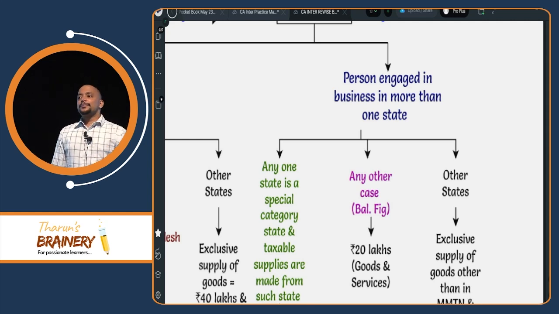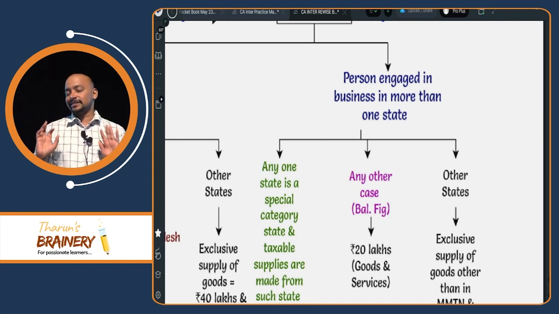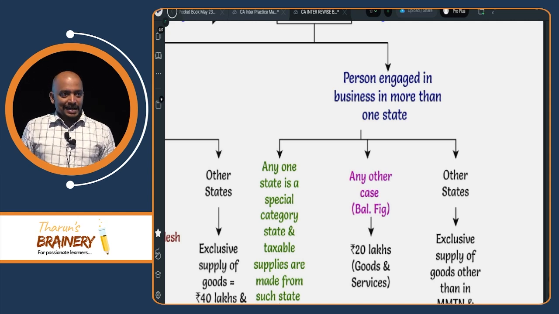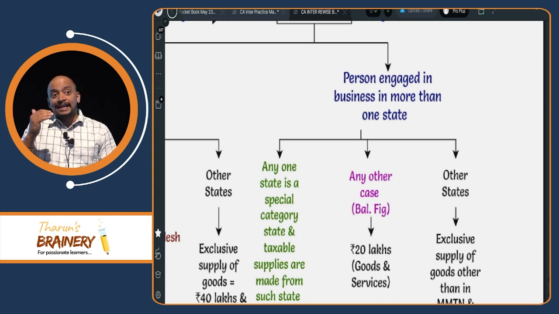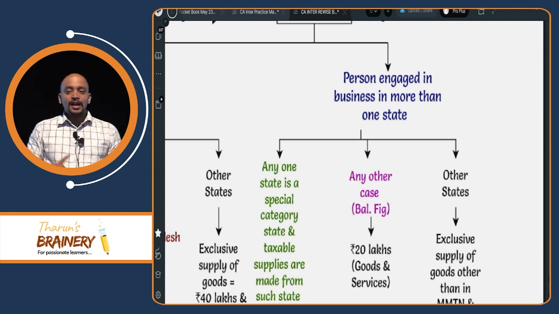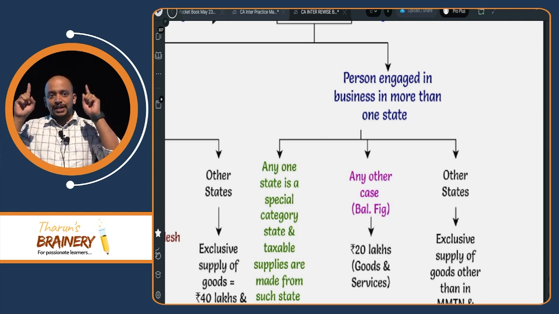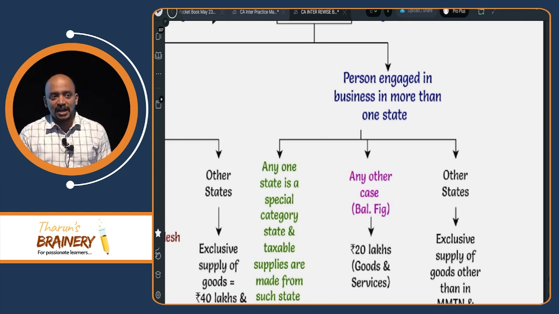Then, if you are doing business in multiple states, this is only a little difficult, okay, concentrate. If you are doing business in multiple states, one of the states is a special category state, that is MMTN, and taxable supplies are made from that state.